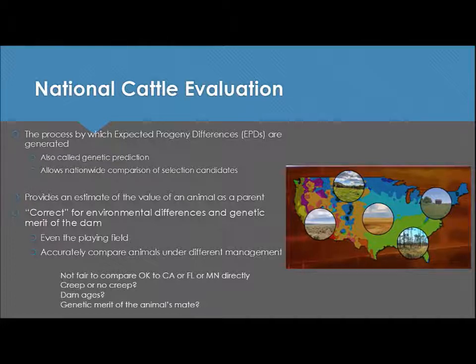So across a wide variety of different environments. And some of the principles of EPDs are to correct for or account for differences in environment, differences in management practices, and differences in genetic merits of the mates of those animals, to come up with that EPD value that accurately describes the genetic merit of that individual.